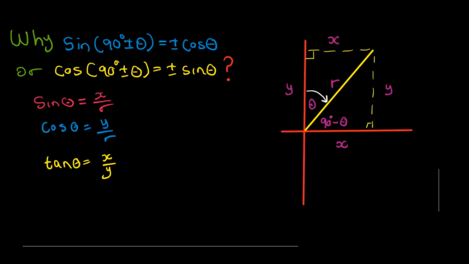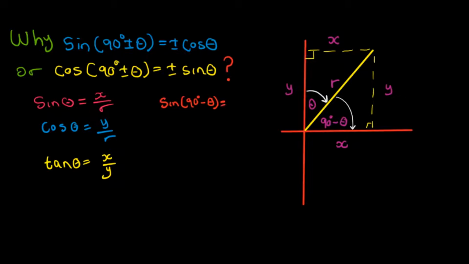Now let's establish this angle here, which is 90 degrees minus theta, with the same trig ratios. First, we find the sine of 90 degrees minus theta. We know very well that it's opposite over hypotenuse.